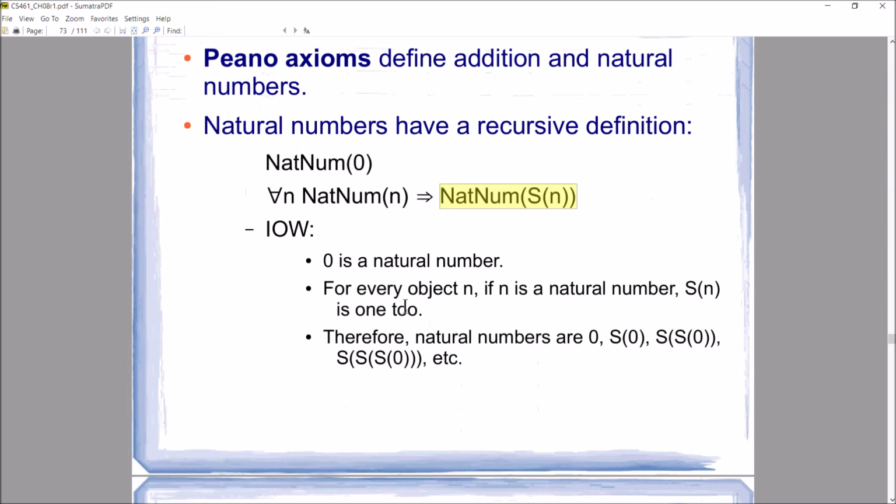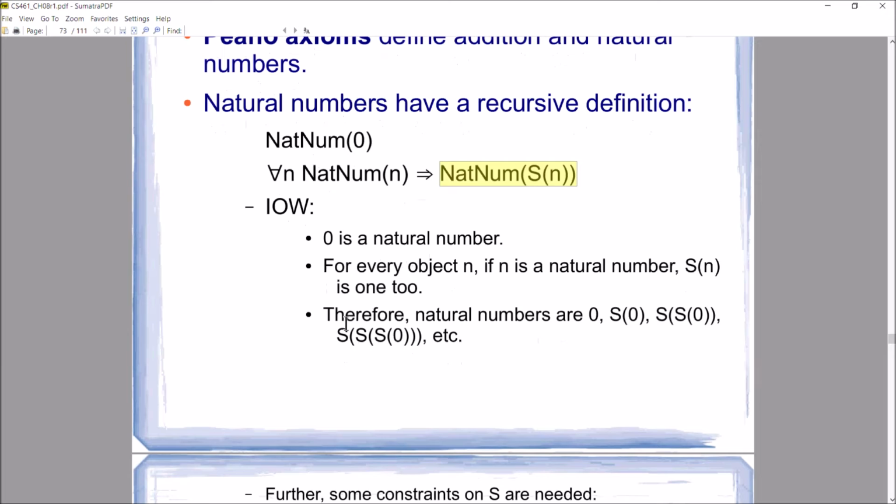For every object n, if n is a natural number, s of n is a natural number too. It's going to have a successor, and it's also going to be a natural number. So what are your natural numbers? Start off with 0, and then the successor to 0, and then the successor to the successor of 0, and then the successor to the successor to the successor of 0, and so on, right? So we've used first order logic here to define natural numbers.